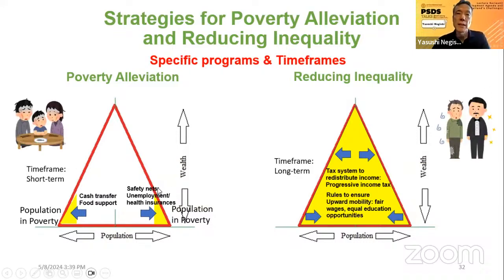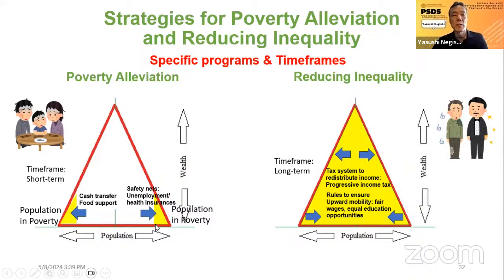The third slide is the specific programs we provide for poverty alleviation. So in the case of poverty alleviation, we have programs such as cash transfer or food support. Cash transfer means the government provides cash to those poor families. And also the government can provide unemployment insurance and also health insurance, because when they lose jobs, they need immediate support.